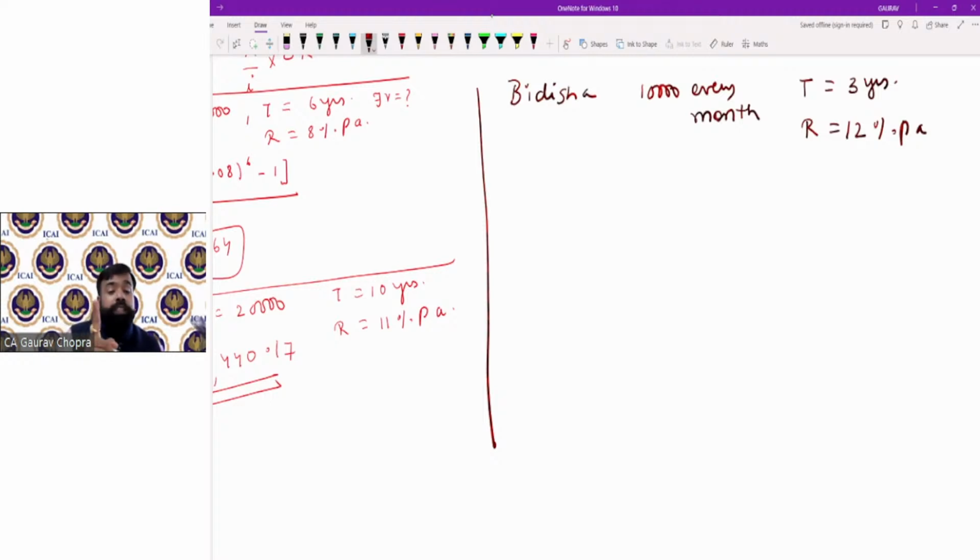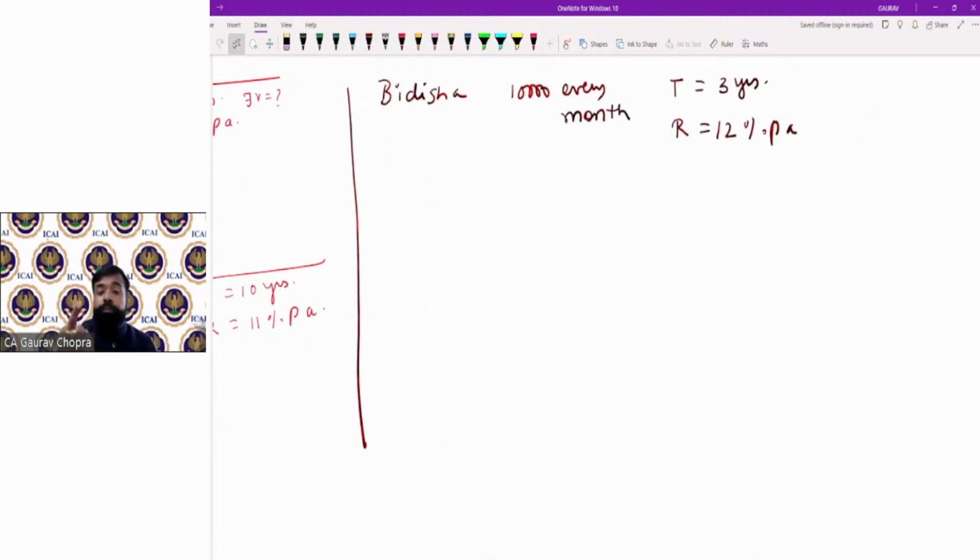Now, since investment is on monthly basis, तो टाइम भी आपको मंथ में कन्वर्ट करना पड़ेगा. तो n will be 3 into 12, that is 36 months. क्योंकि आपका इन्वेस्टमेंट मंथली है, तो टेन्योर भी मंथली होना चाहिए और रेट भी मंथली होना चाहिए.